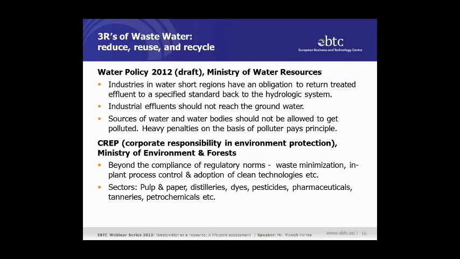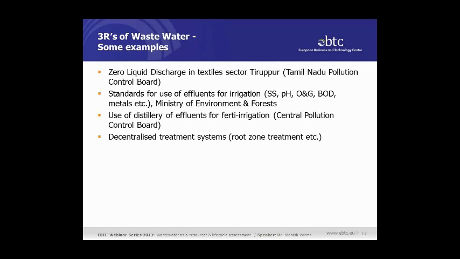And the same thing with the Ministry of Forests, which is talking about corporate responsibility of how sectors which are polluting like pulp and paper, distilleries, dyes and others need to try to discharge water which is of good quality. Or now, as we will talk about later in this presentation, there are new norms talking about no discharge or zero discharge.